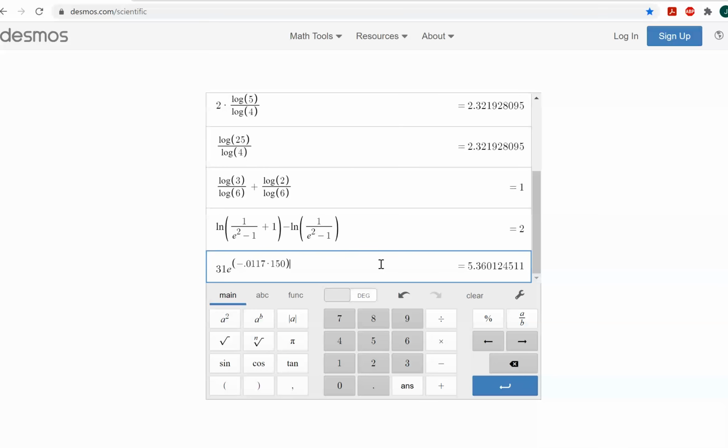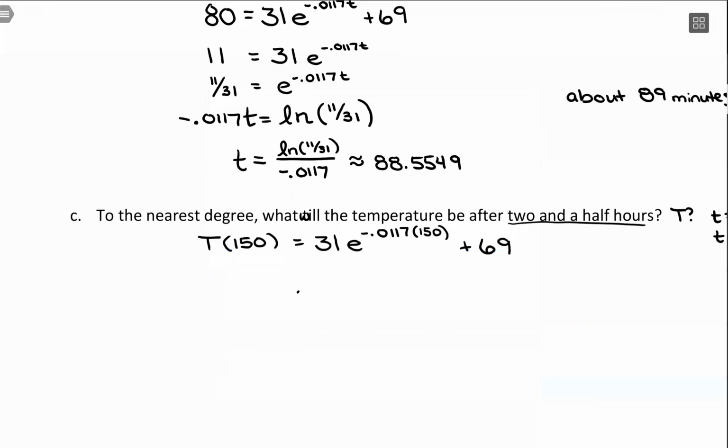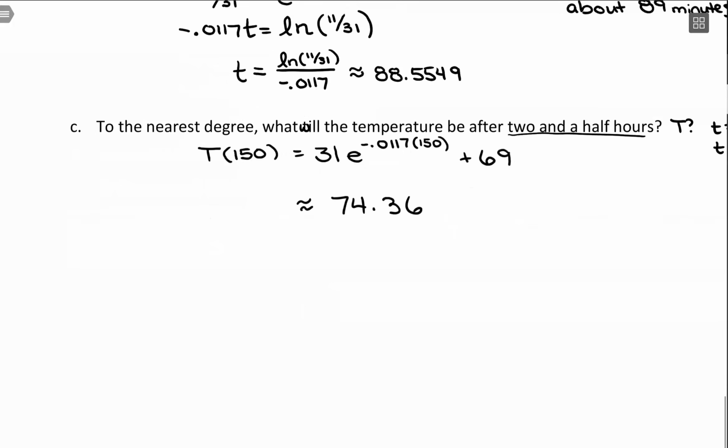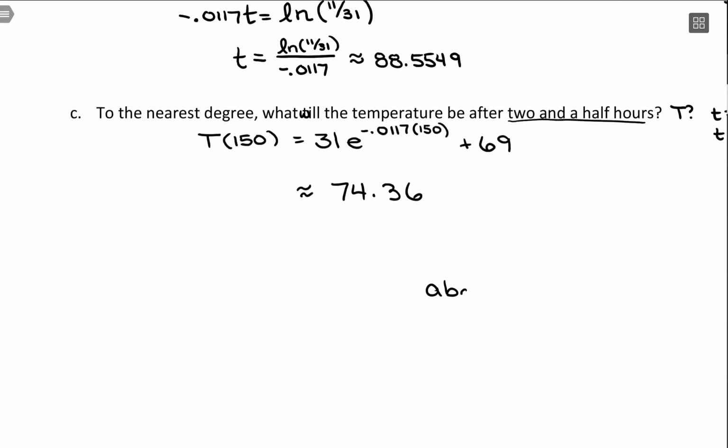And then I need to hit the right arrow or click down so that I'm adding 69 on the outside. So that's going to be 74.36. So rounding to the nearest degree, that would be about 74 degrees Fahrenheit.